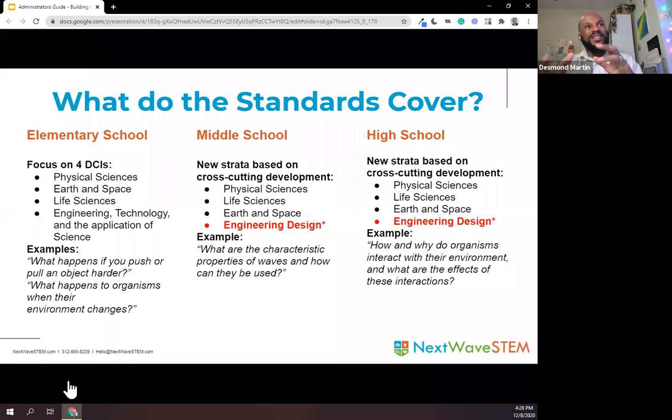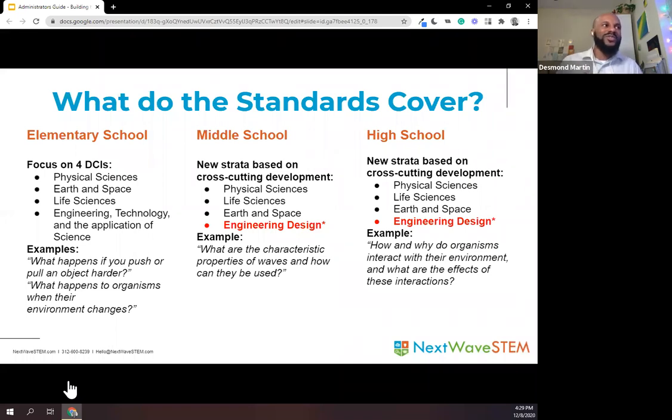And there's been this idea of this advance in cross-cutting development as well. So when we think about these accessible questions, what our students will learn how to do, if we're thinking about the DCIs, those disciplinary core ideas, we have those basic ideas in learning sciences. For example, if I were at the middle school level, I'm going to be asking the student, what happens if you push or pull an object harder?